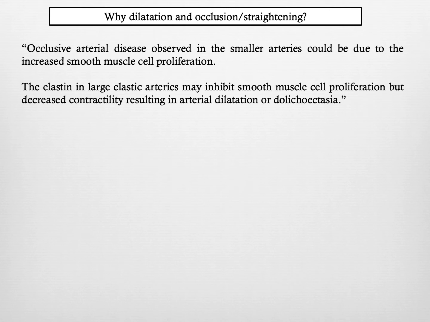Actually, the occlusive arterial disease is observed in the smaller arteries and is probably due to smooth muscle cell proliferation, while the elastin, which is present and abundant in the large arteries, may inhibit the smooth muscle cell proliferation, resulting in arterial dilatation.